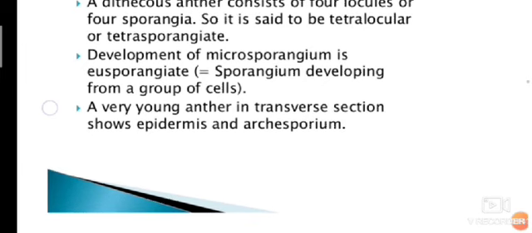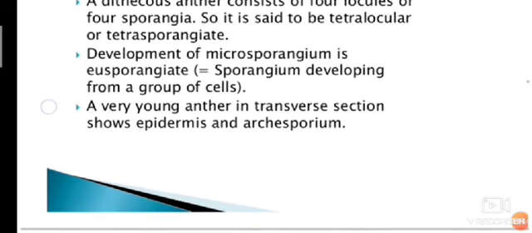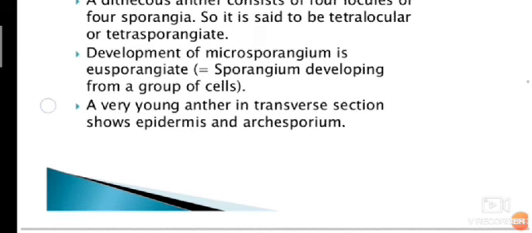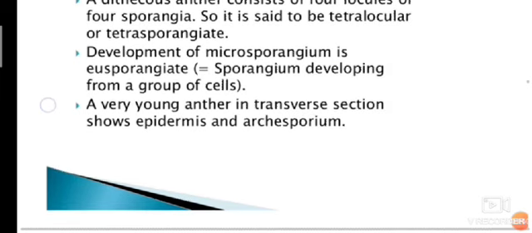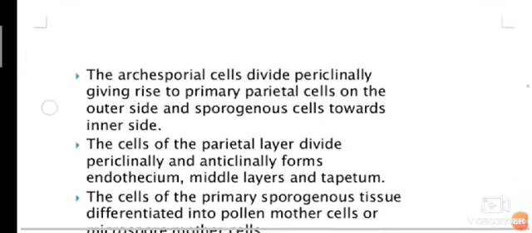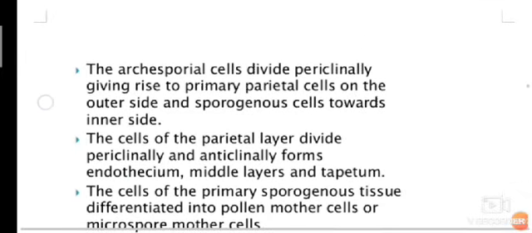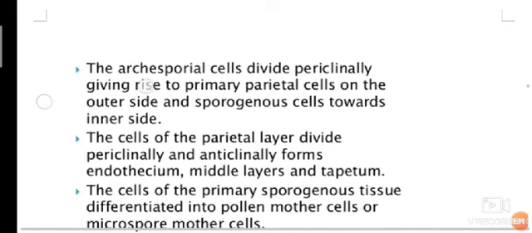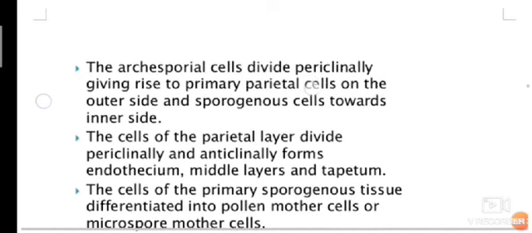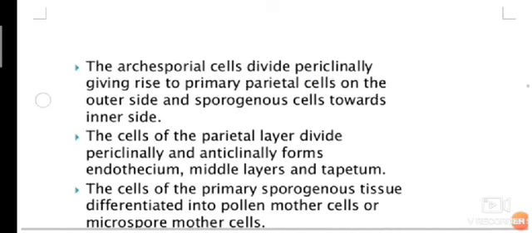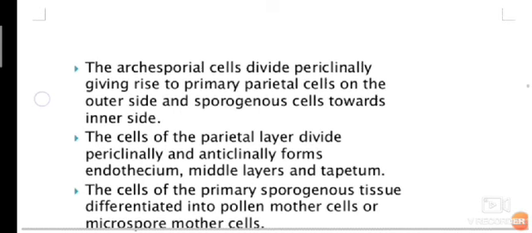Development of microsporangium is eusporangiate, the sporangium developing from a group of cells. A very young anther in transverse section shows epidermis and archisporium. The archisporial cells divide periclinally, giving rise to primary parietal cells on the outer side and sporogenous cells toward the inner side.